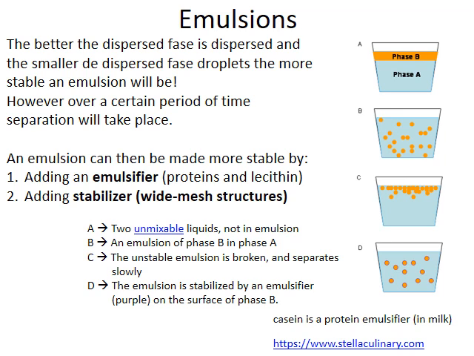Now, why does an emulsifier do this? This is possible because the emulsifier has one side in its structure that is polar and has the other side that is apolar.